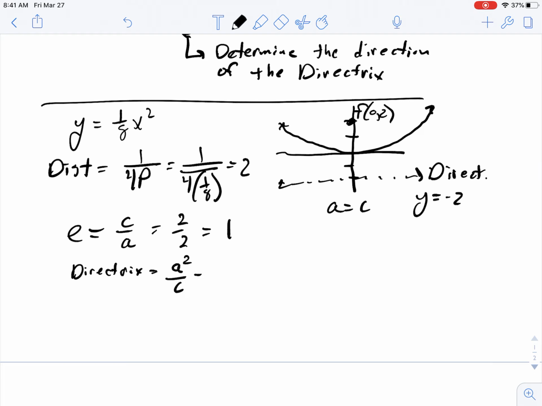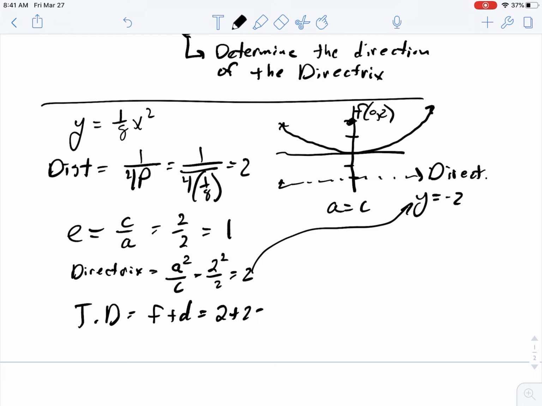Is A squared over C. So therefore we get 2 squared over 2, which is 2, which matches that, which it should. Now my total distance, easy to find here, your focus from your directrix, so basically 2 plus 2, so there's 4 units apart. That's basically your D into your equation.